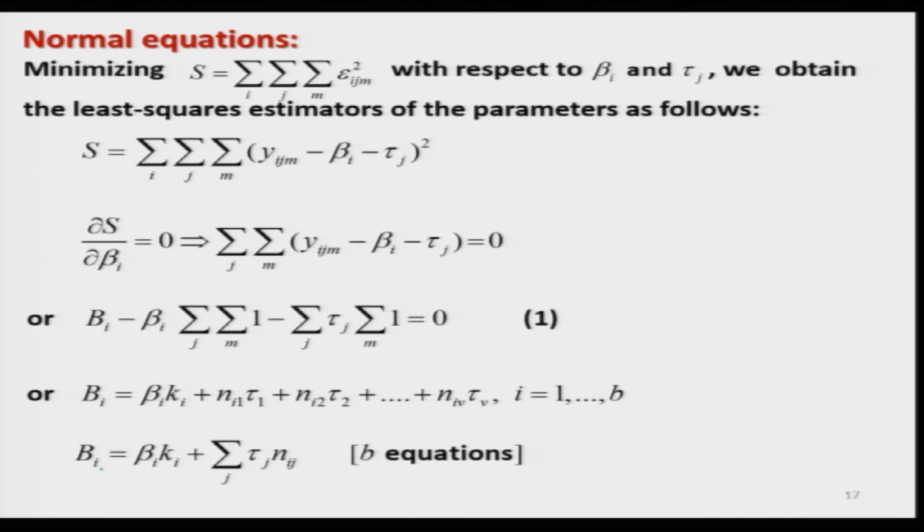So, now if you try to recall that we have used the principle of least squares in one-way and two-way analysis of variance in CRD, RBD, LSD, etc. So, now we use the same approach, and we write down here the sum of squares due to random errors, which is the triple summation over I, J, M of epsilon IJM squared, and we try to minimize it, and for that we simply use the principle of maxima and minima, and we differentiate this sum of squares with respect to beta I and tau j, right.